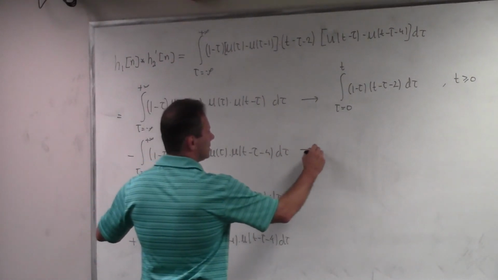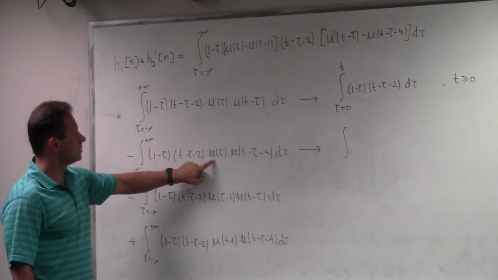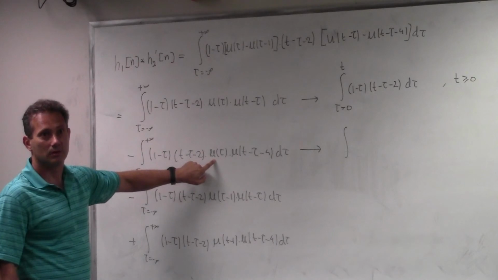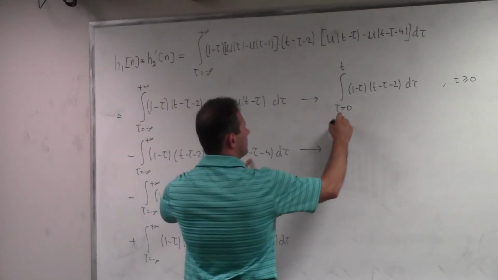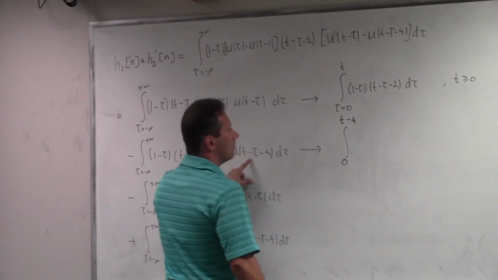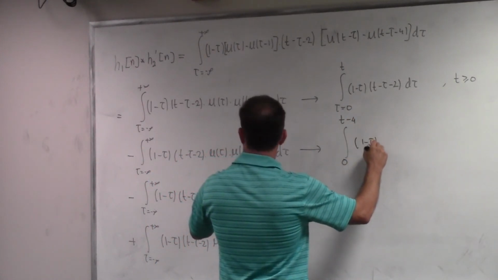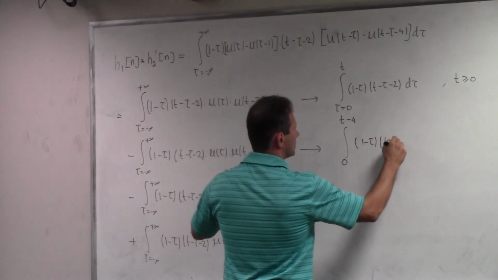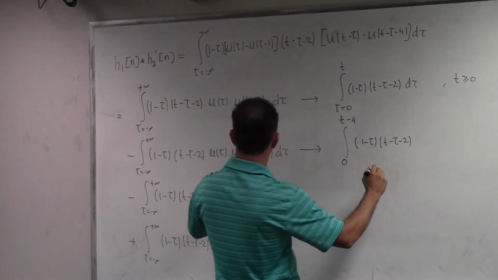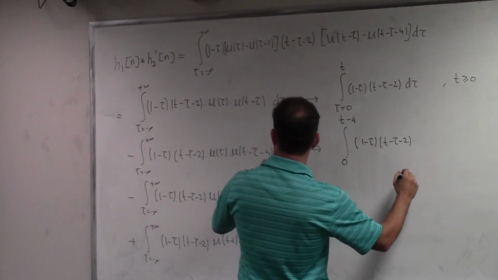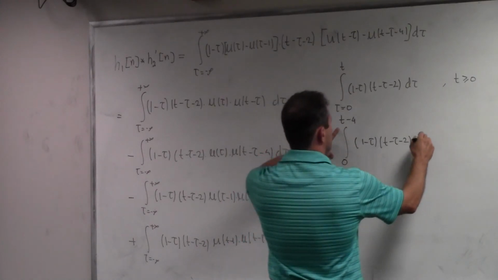So let's look at the second one. The second integral, you still start from 0, and then you end up at t minus 4, with 1 minus tau, t minus tau minus 2, d tau.